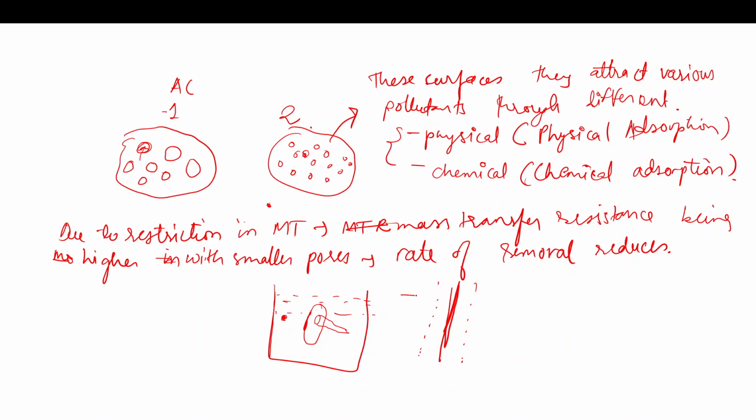There will not be any change in the concentration till this boundary point, but at this boundary, because of the different phases involved, there will be a mass transfer resistance. So let's say here the mass transfer resistance is provided.